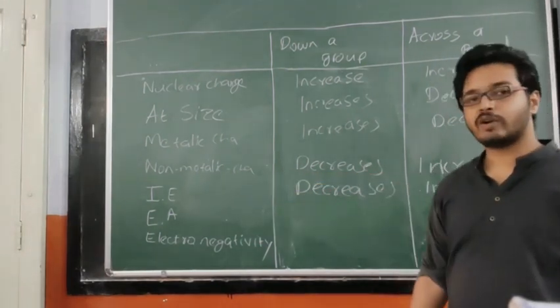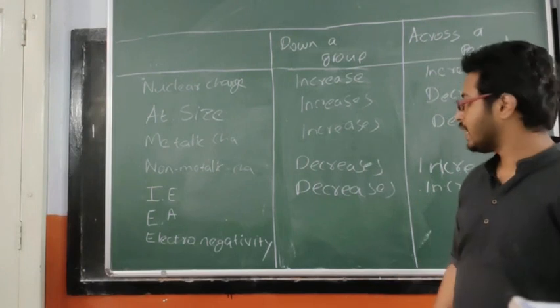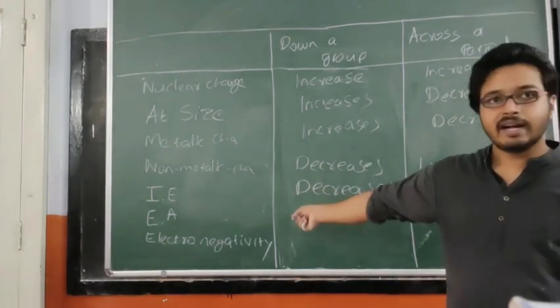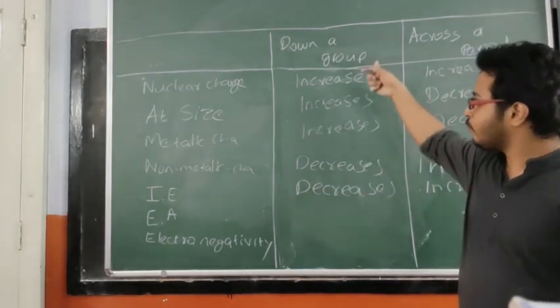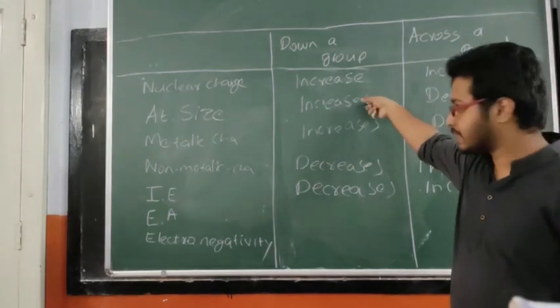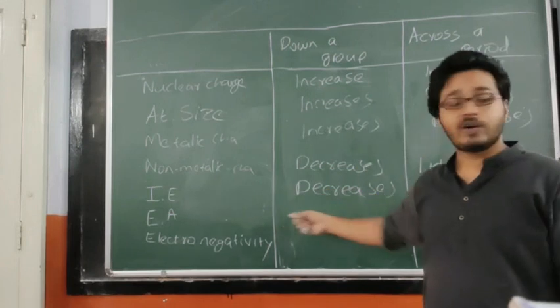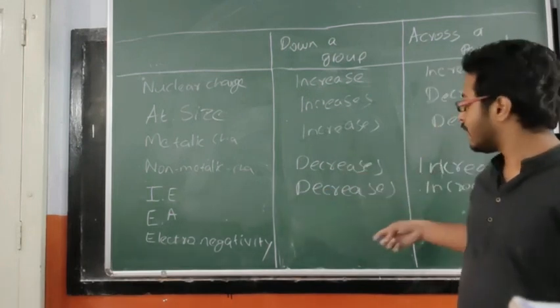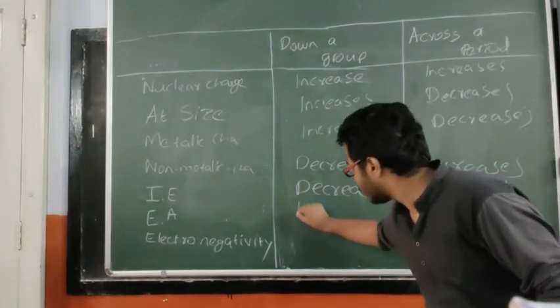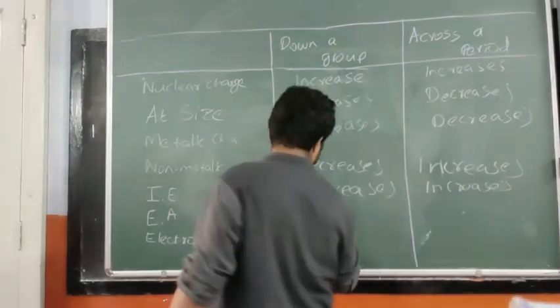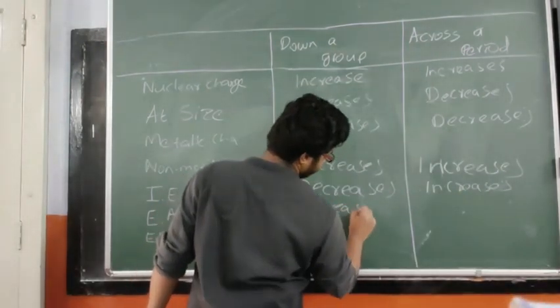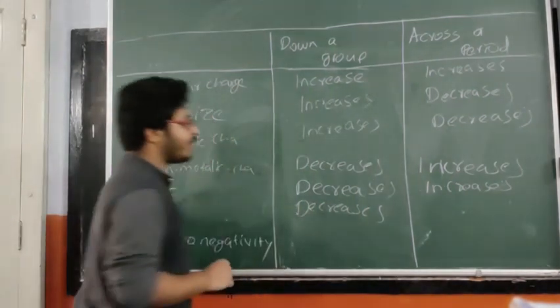Next one is electron affinity or electron gain enthalpy. As we remember, when moving down a group, atomic size is increasing, so electron affinity will have the opposite effect. Electron affinity decreases down a group.